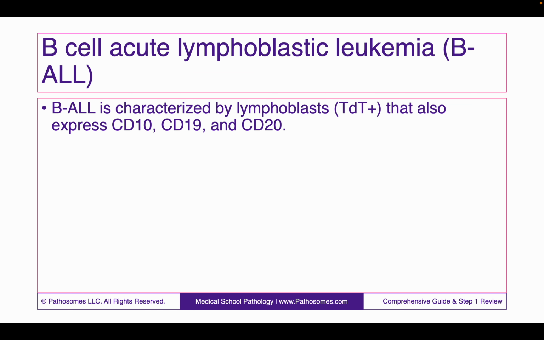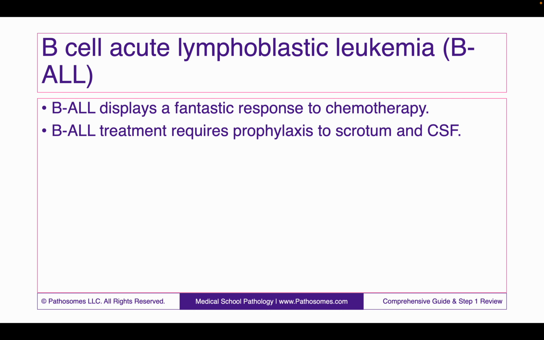B-ALL is characterized by lymphoblasts, which will express TdT positivity, that also express some B cell markers, which include CD10, CD19, and CD20 in general. B-ALL displays a fantastic response to chemotherapy. B-ALL treatment requires prophylaxis to the scrotum and CSF.